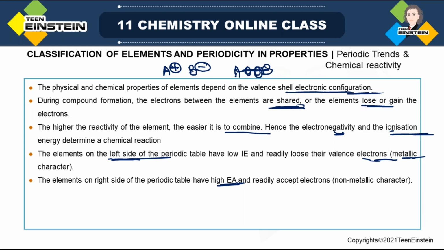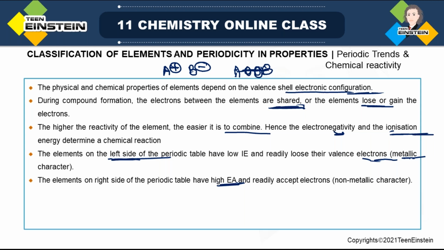They try to gain electrons very easily. Though in general I'm saying right side, it is mostly the top right corner. So on the left side metallic properties predominate, and on the right hand side non-metallic properties predominate, that means high EA or electron affinity or high electronegativity. So they can easily accept electrons.